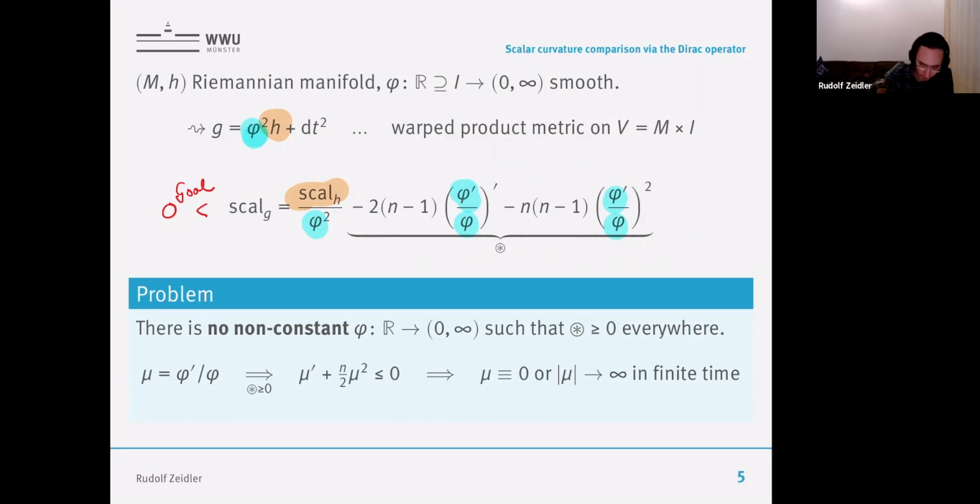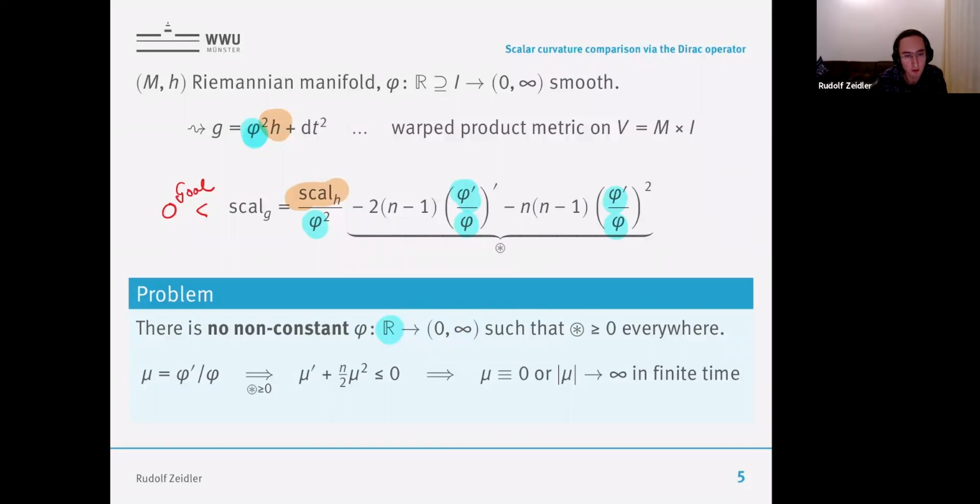The problem only occurs if you want to have it defined on the entire real line. And the reason for this is a very simple exercise involving ordinary differential equations.